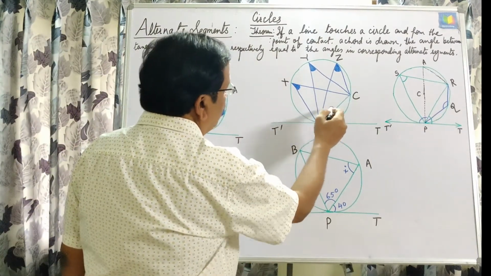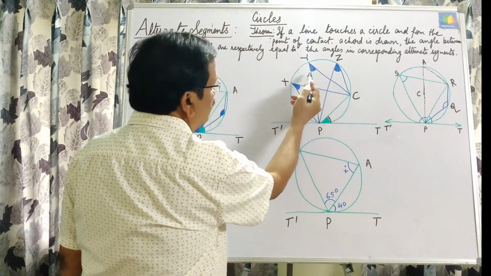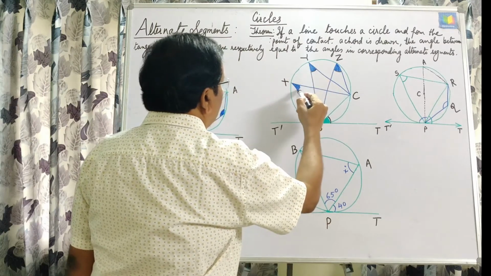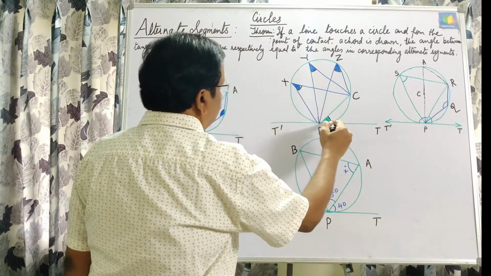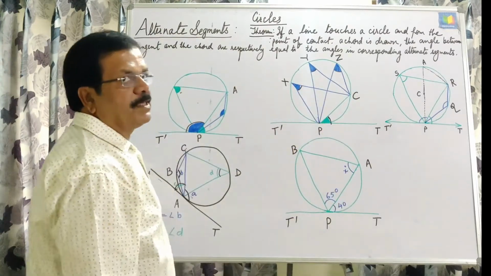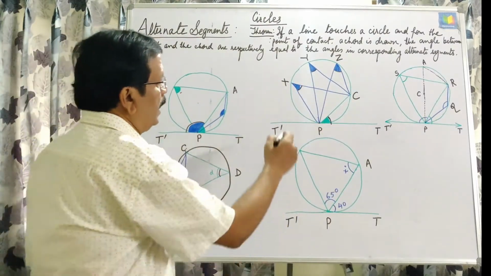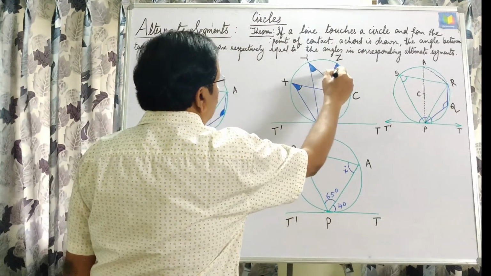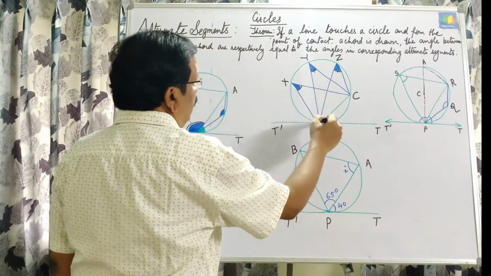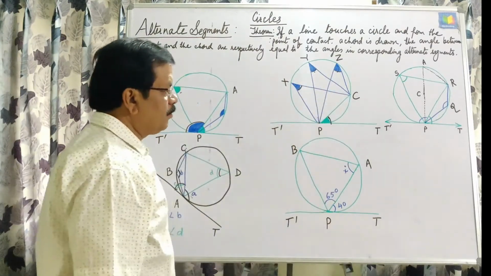Since this divides into two segments and this is the other segment, all the angles here will be equal to this, because we know that angles in the same segment are also equal, and that is why if this is equal to this, which in turn is equal to this, which in turn is equal to this, all these angles are equal.